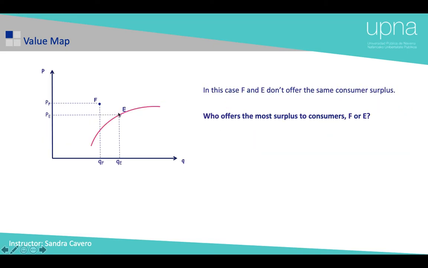But in this case, it's clear that F and E don't align along the same indifference curve. So they are not offering the same consumer surplus. Who is offering the most consumer surplus to consumers? Firm E or firm F?